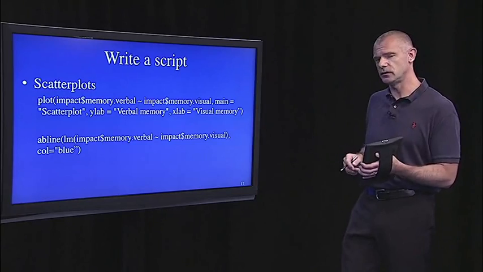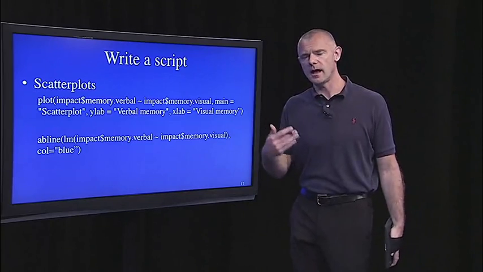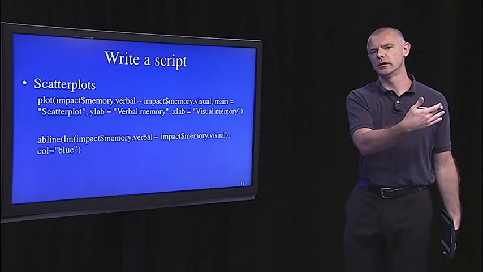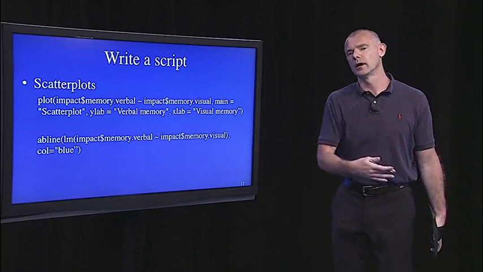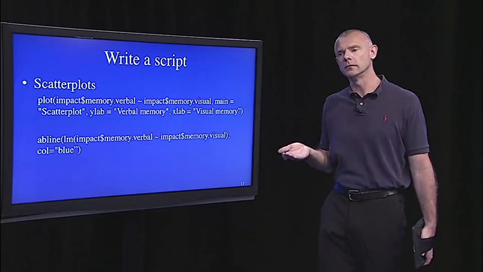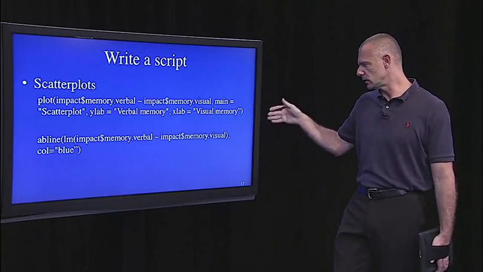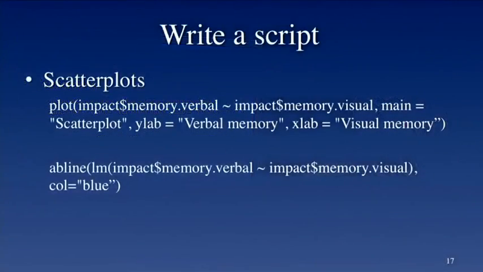And the way to do that is to use the LM function. We'll use the LM function a lot as we go ahead and start doing regression and multiple regression in the next few lectures. So LM just stands for linear model. And what we're doing is LM, the y variable, tilde, the x variable. And then I colored the regression line blue.